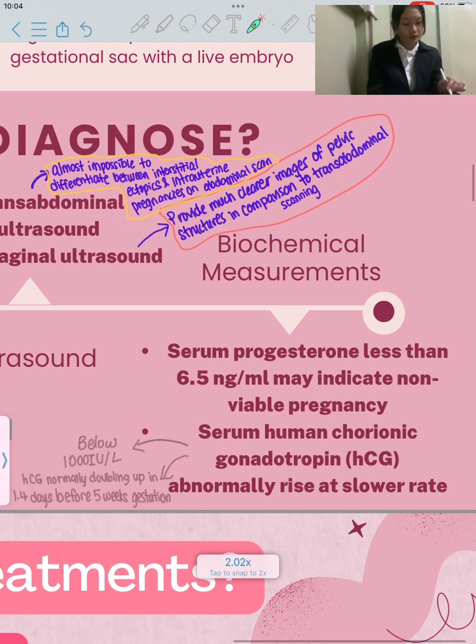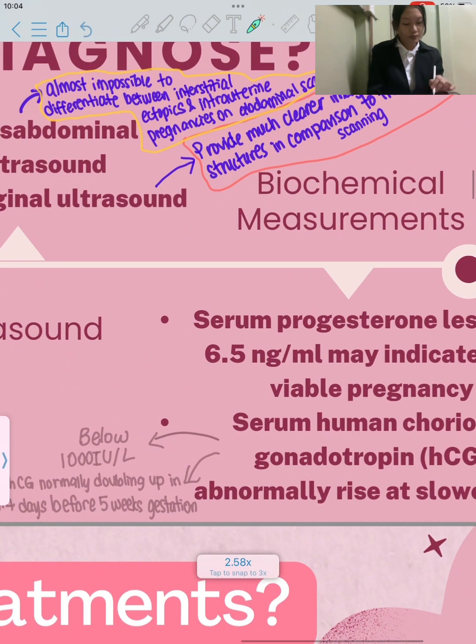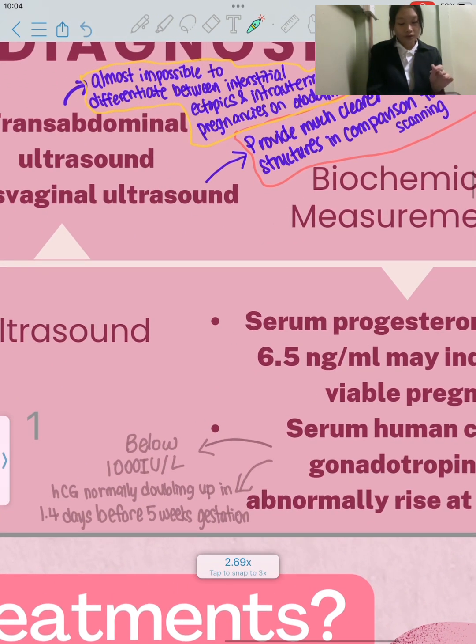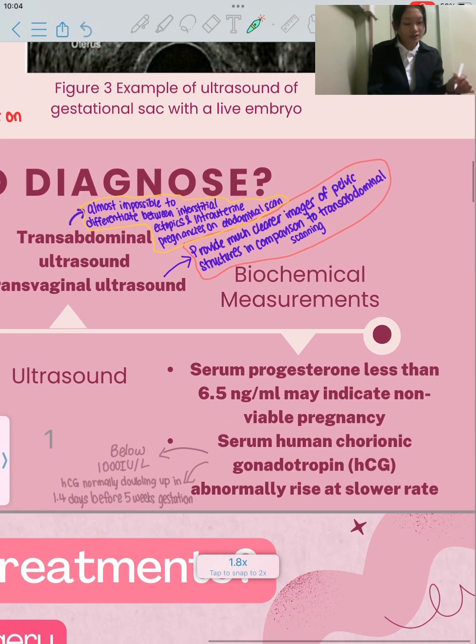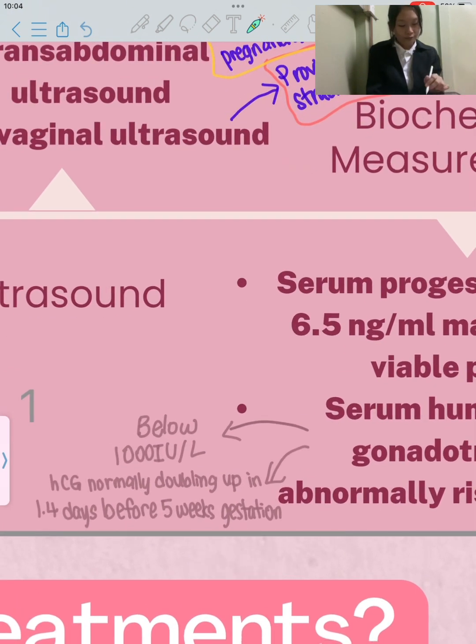For serum HCG, if it is below 1000 international unit per liter, it may indicate an ectopic pregnancy. And if the serum HCG abnormally rises at a slower rate, where a normal one should double in 1.4 days before 5 weeks gestation, it might indicate ectopic pregnancy.